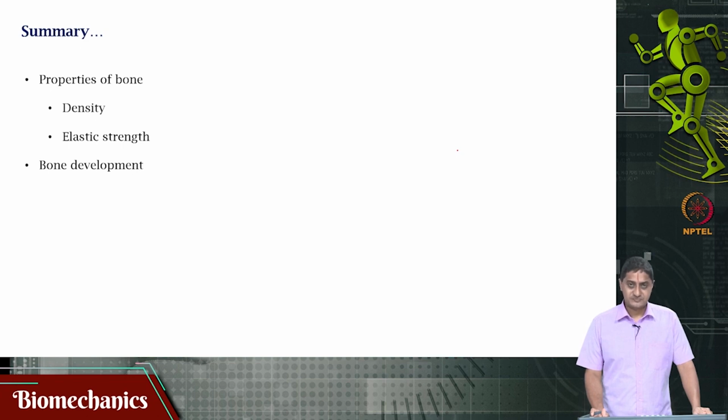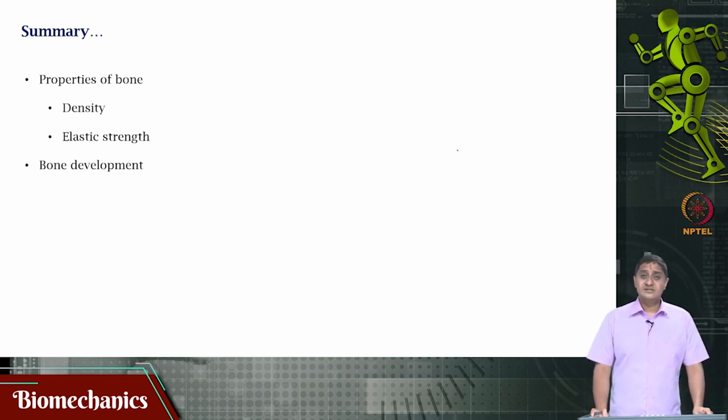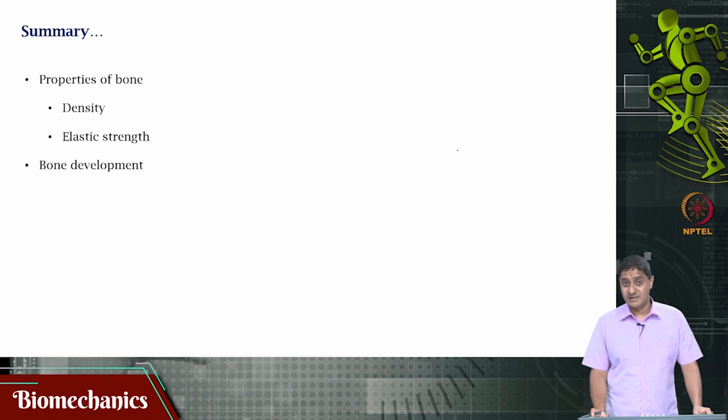And we also discussed why bones are shaped like this, or why they have specific dimensions and shapes, because they have specific functions of kinematics and kinetics. They have specific functions of participating in motion, which is kinematics, and kinetics, which is passing on the load from the top to the next lower segment.